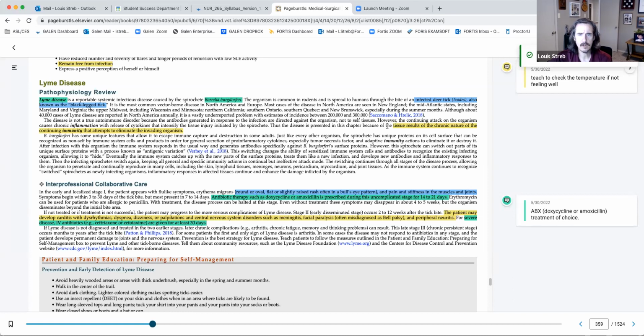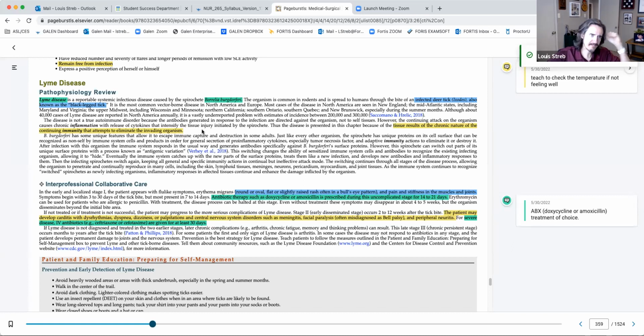All right, so we're going to talk about tissue results. What happens is the tissue results of the chronic nature of this continuing immunity that attempts to eliminate the invading organism. What are we talking about? We're saying that this disease is not truly an autoimmune disorder. It's not caused by that, but because the antibodies are generated, it's just the way that your body has a continued inflammatory response that attempts to eliminate the invading organism.